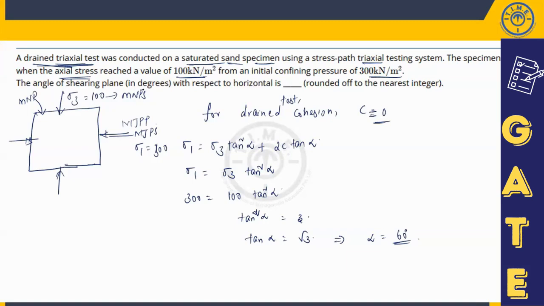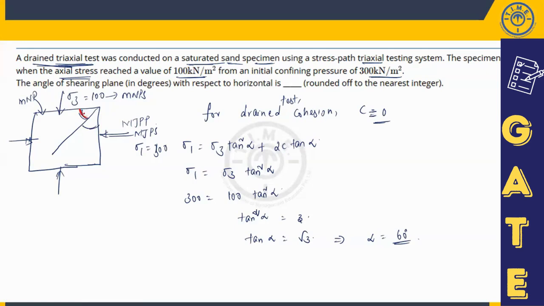Now, he is asking us the angle of shearing plane with respect to horizontal. With respect to horizontal, the shearing plane will be like this. This is the shearing plane, and he is asking us the angle of shearing plane with respect to horizontal.